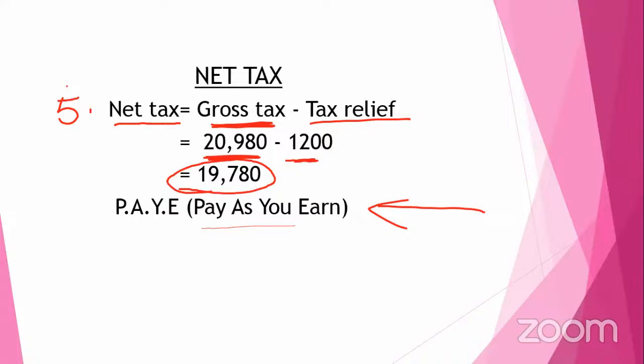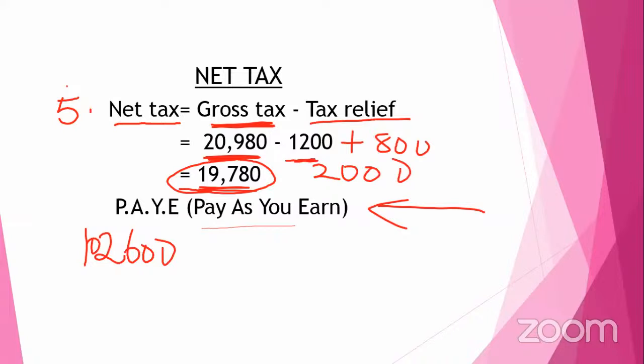So this guy was being paid 102,600. So he's supposed to give the government tax of 19,780 as the net. Now, remember the concept I was telling you about reliefs. If this guy had the other relief of 800, we would now be subtracting 2,000, and his net tax would have been lesser.